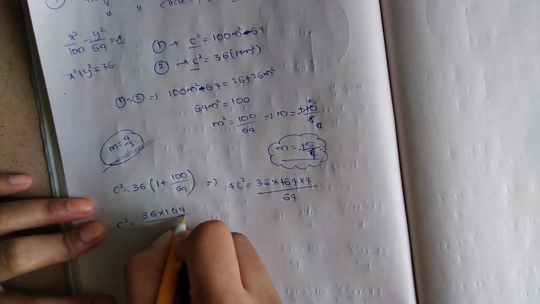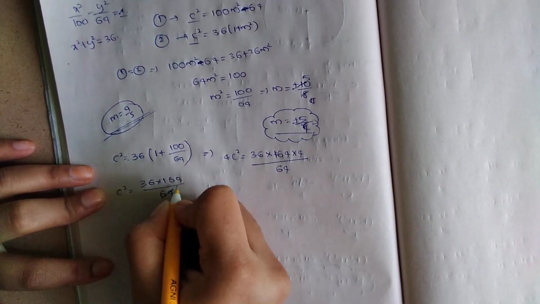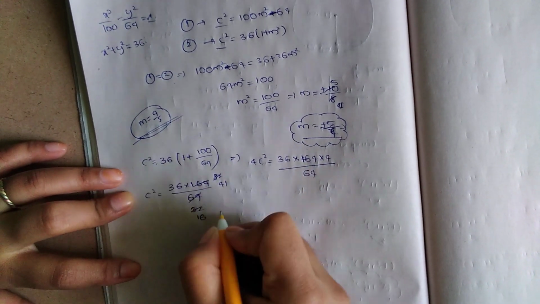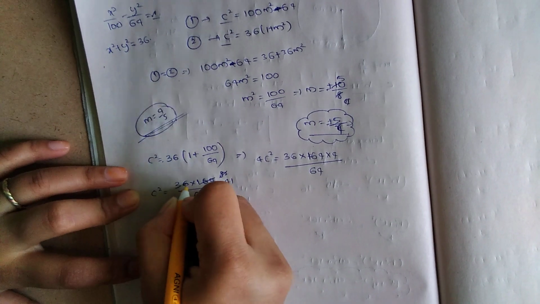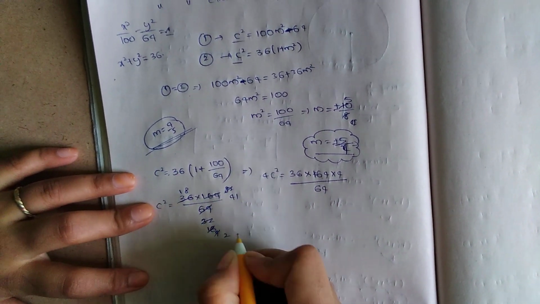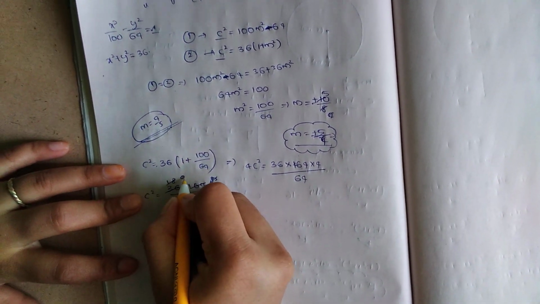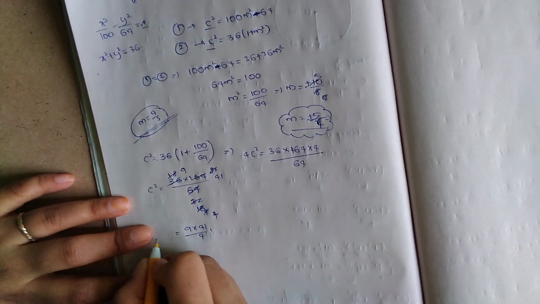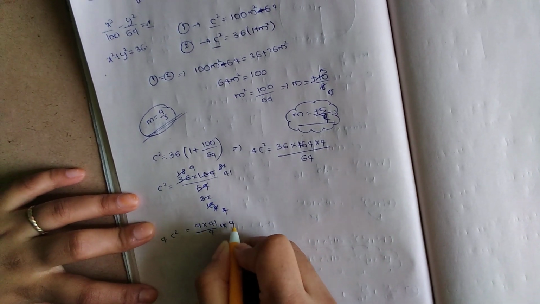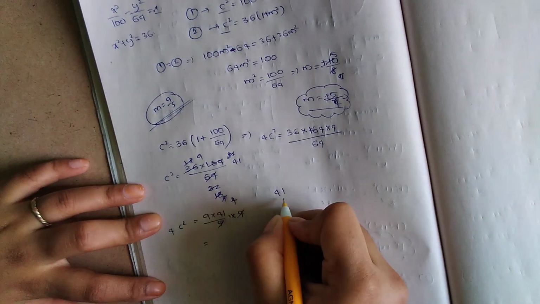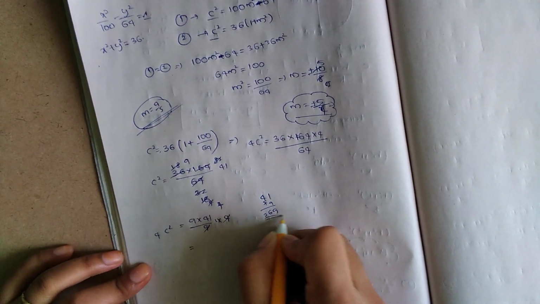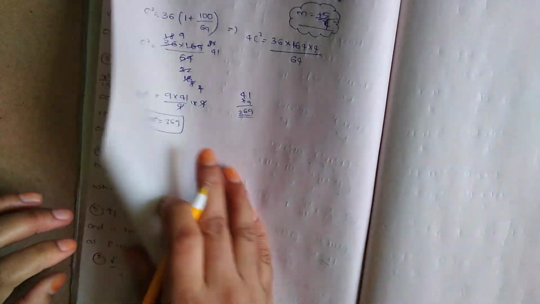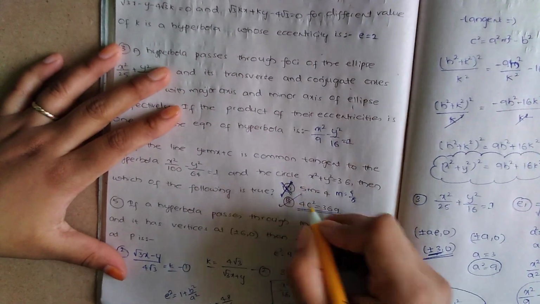It is 36 into 164 by 64, which gives 9 into 41 by 4. So c square is this, and 4c square is multiplying with 4. What do you get? 41 into 9, 369. So we got 4c square as 369. Let's check whether it is there in the option. Yes, it is there in the option.